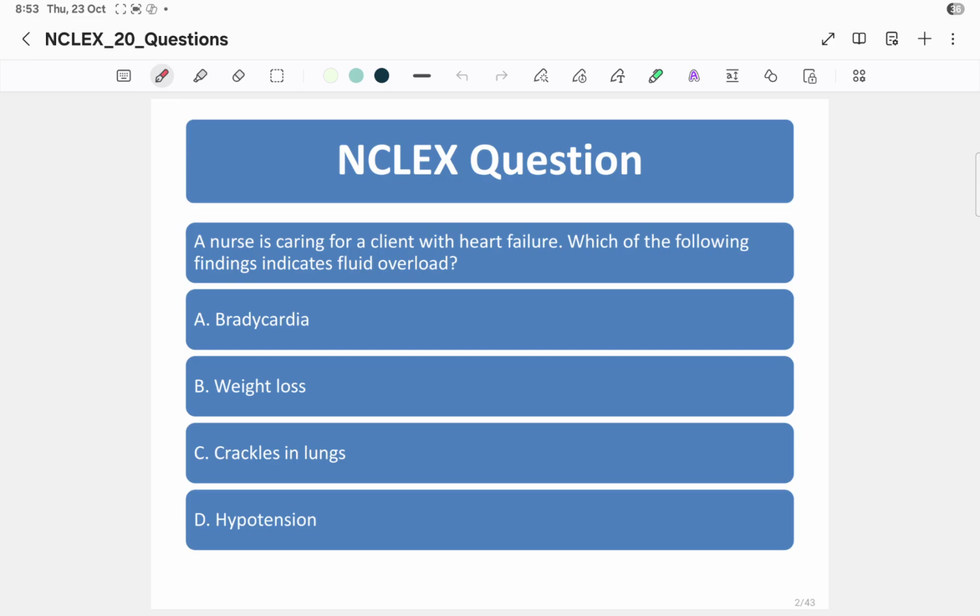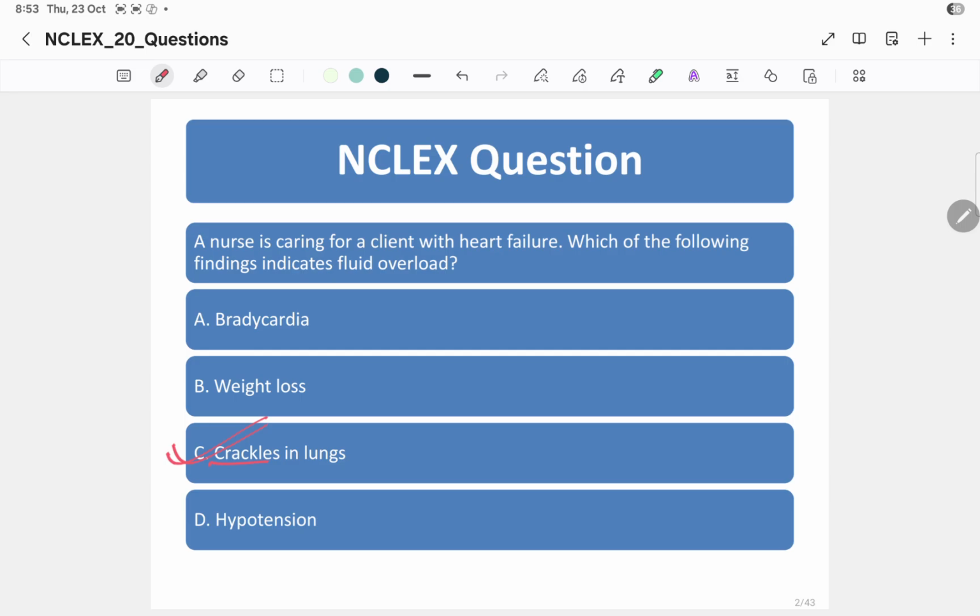So the correct answer is option number C, crackles in the lungs. Crackles in the lungs indicate fluid overload. Crackles is also known as rales. It indicates the presence of fluid in the air sacs or alveoli.